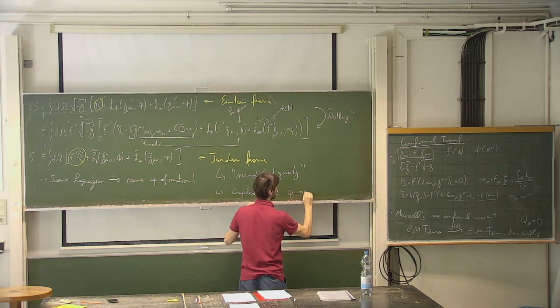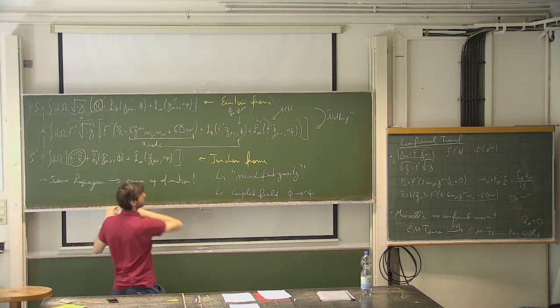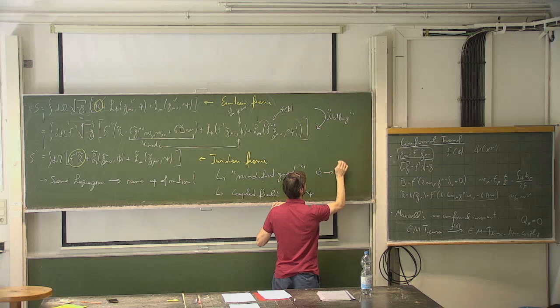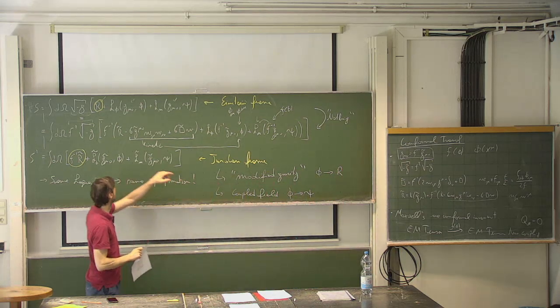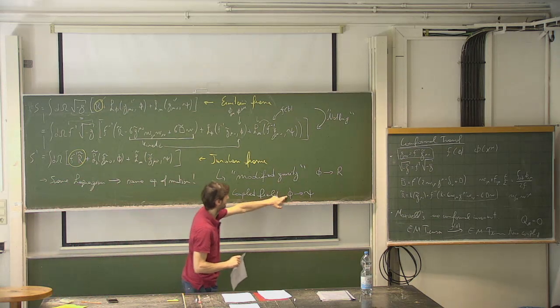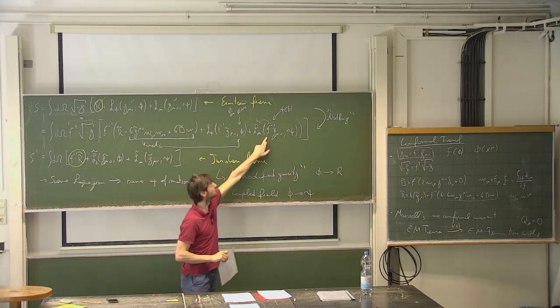So we have interaction between these two fields, as well as we have it here. That's why we have a modified gravity. Here we have a coupling between the field phi through f and the Ricci scalar. And here we have a coupling between the field phi and the matter field, which is coming up here.